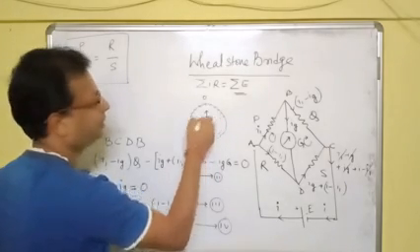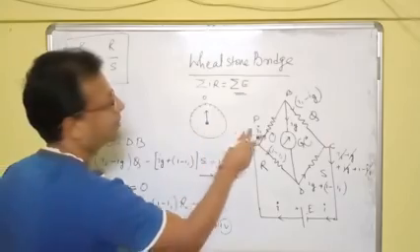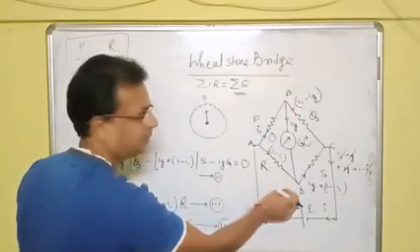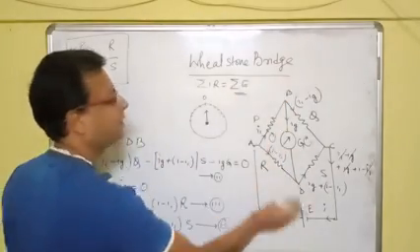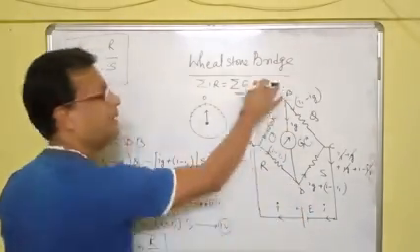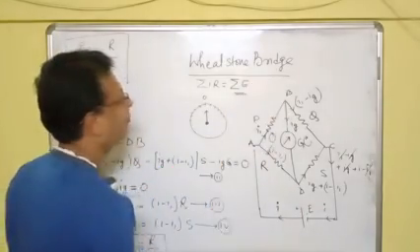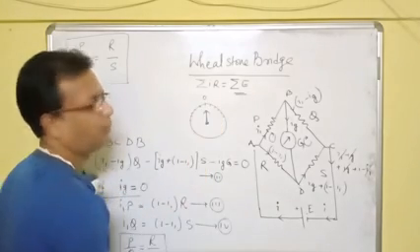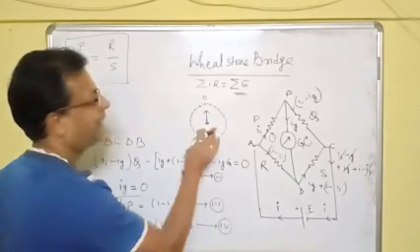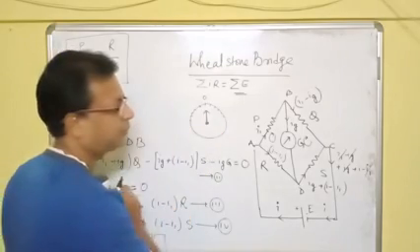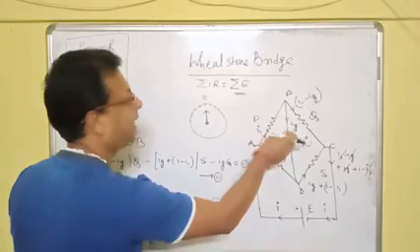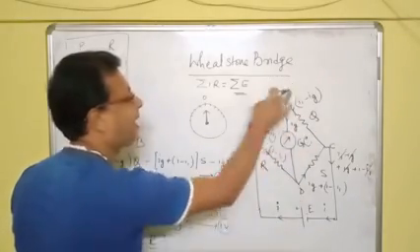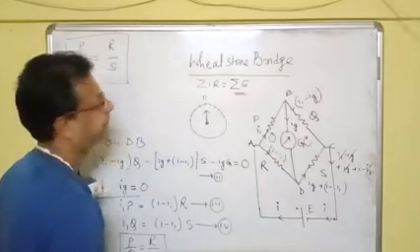If this pointer moves towards the right, the current is moving from B to D. If it moves to the left, the current is moving from D to B. And if no current flows, the galvanometer will be pointing towards 0. The galvanometer pointing towards 0 shows that there is no current, or that points B and D are at the same potential.